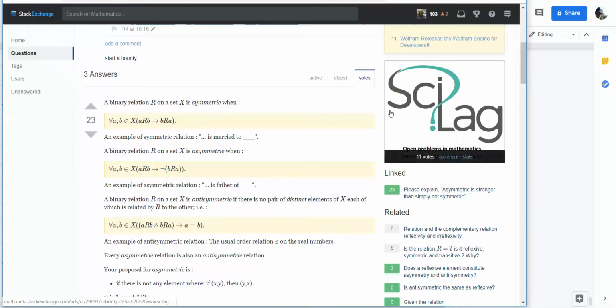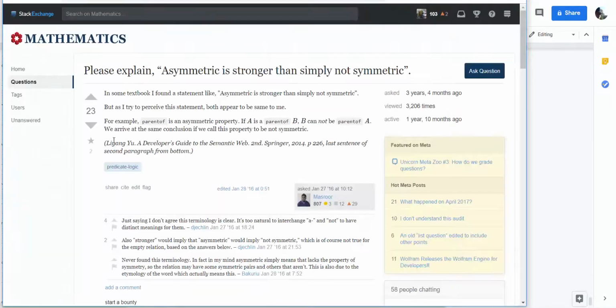Let's look at this. Maybe this has a better explanation. "Asymmetric is stronger than simply not symmetric." But as I try to perceive this statement, both appear to be the same to me. "Example, parent of is an asymmetric property. If A is a parent of B, B cannot be a parent of A. We are of the same conclusion if we call this property not symmetric."